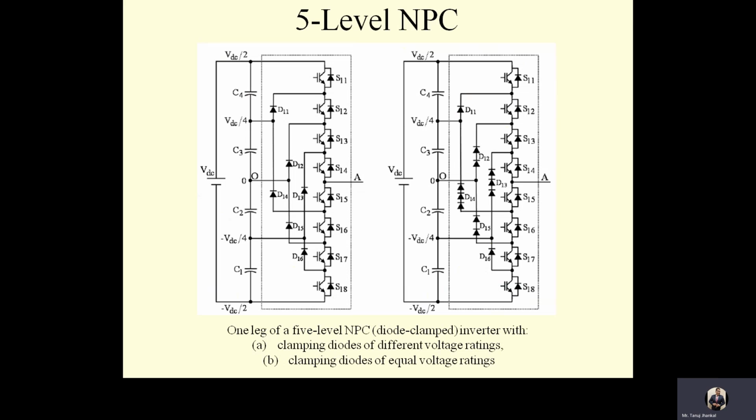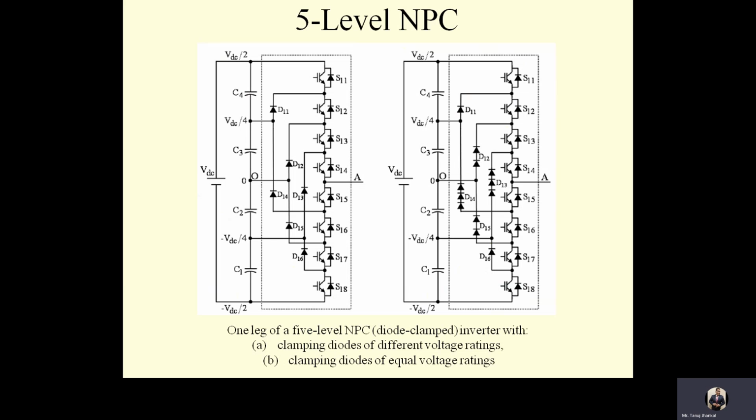An n-level inverter structure requires 2(n minus 1) switches of equal voltage rating and 2n minus 2 neutral point clamped diodes of unequal voltage ratings per leg, or per phase.